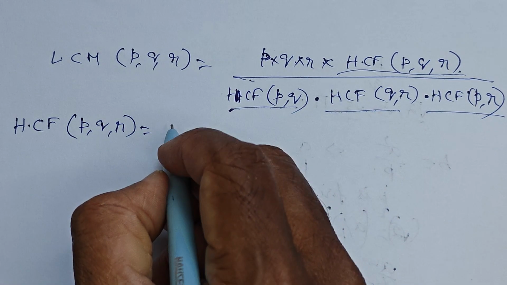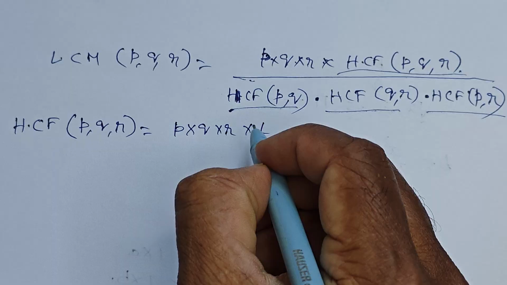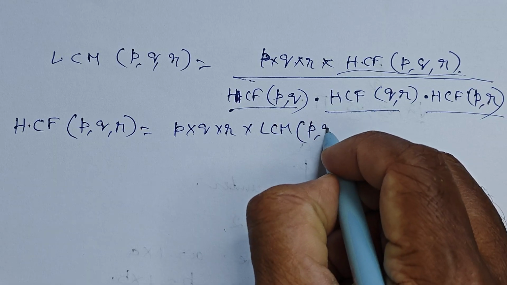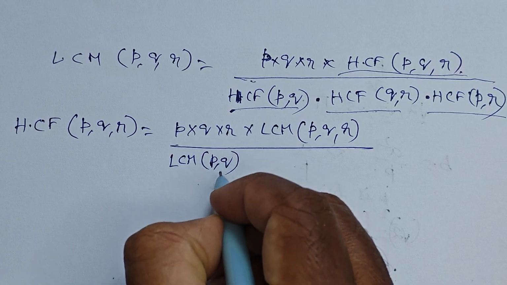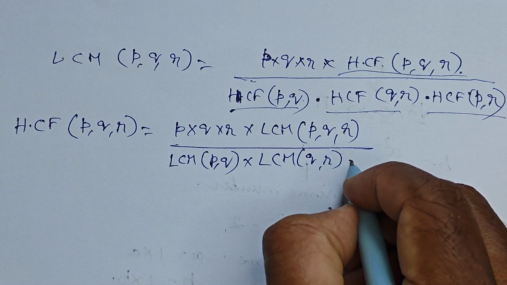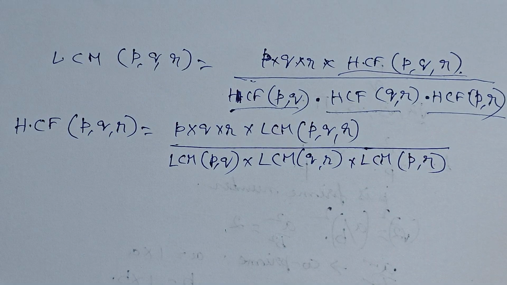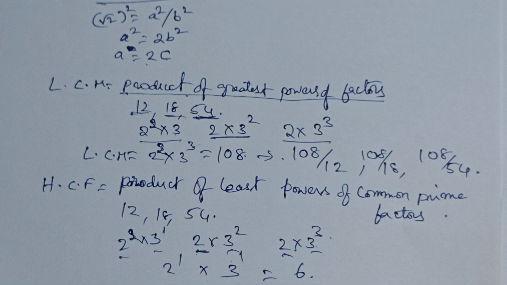In this case, you will do P into Q into R into LCM of P comma Q comma R, divided by LCM of P comma Q into LCM of Q comma R into LCM of P comma R. I am sure compared to these formulas, our methodology to find the LCM for three numbers is much faster and easier.